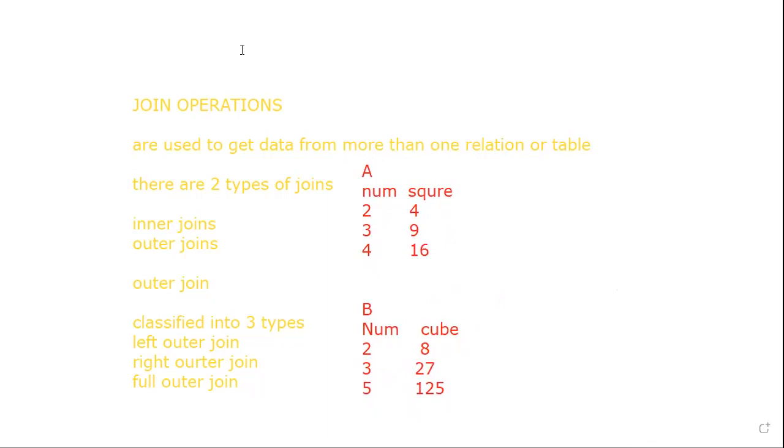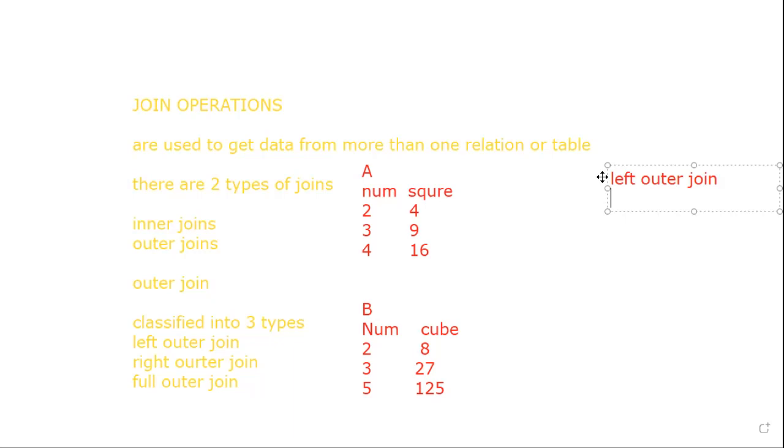Then we have to get the left outer join. What it is telling is that it takes the left table, that is the A table, and compares it with the B table. If the same numbers are there, then it will display, otherwise it can't display.